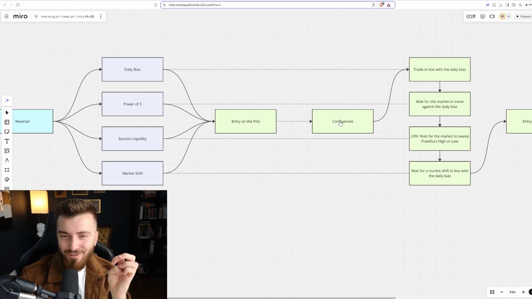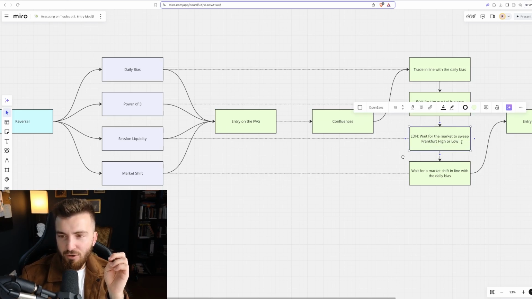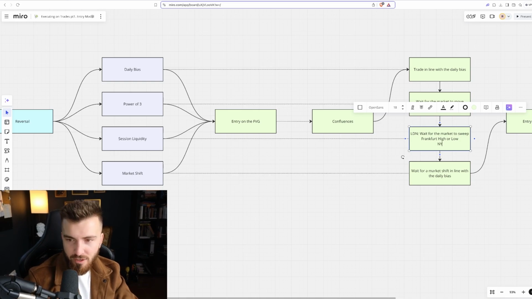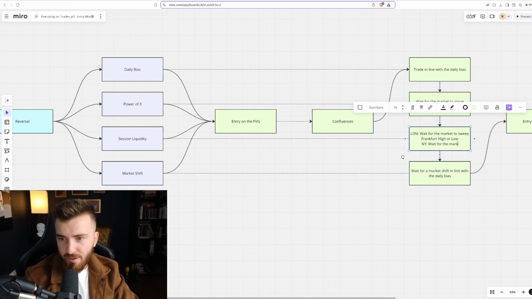So the confluences are this. Trade in line with the daily bias. Wait for the market to move against the daily bias. In London, wait for the market to sweep the Frankfurt higher low. And I forgot to actually have New York here. Wait for the market to sweep London high or low.